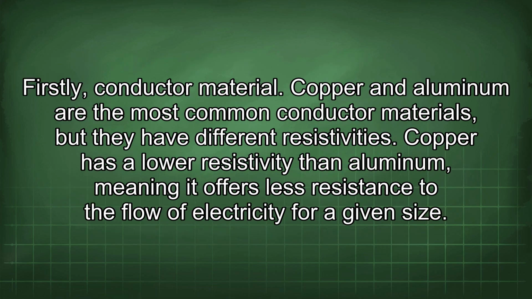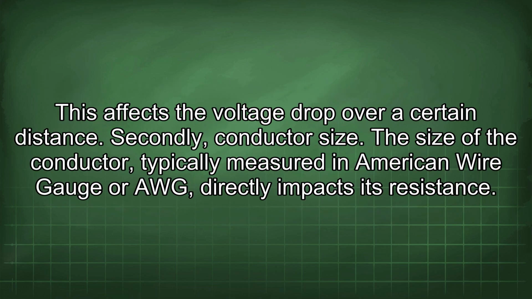Firstly, conductor material. Copper and aluminum are the most common conductor materials, but they have different resistivities. Copper has a lower resistivity than aluminum, meaning it offers less resistance to the flow of electricity for a given size. This affects the voltage drop over a certain distance. Secondly, conductor size.